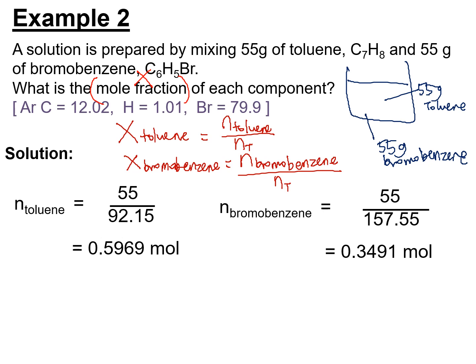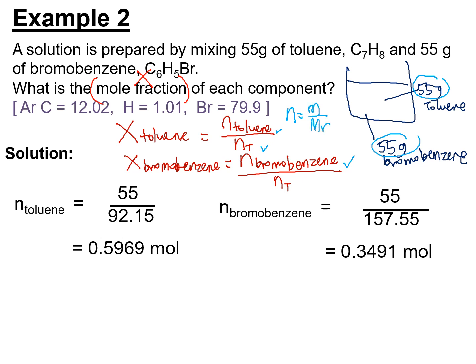Okay. So kat sini dia bagi information dalam bentuk mass. Tapi kamu nak tahu number of mole. Nak kena tahu number of mole of toluene, number of mole total, dan number of mole of bromobenzene. Alright, so can you relate this one? Nak tahu number of mole? Kan formula number of mole is equals to mass bahagikan dengan molar mass.